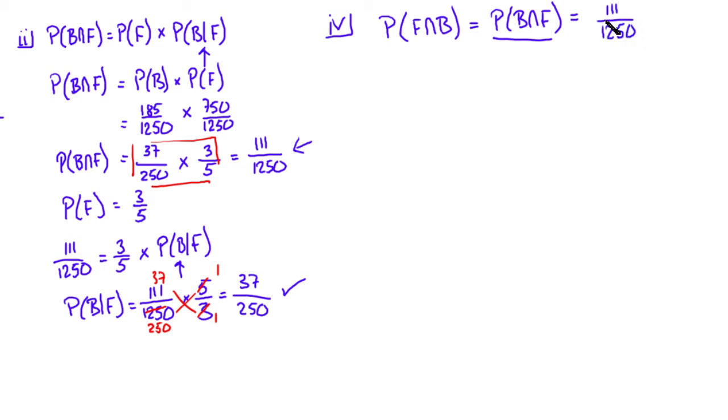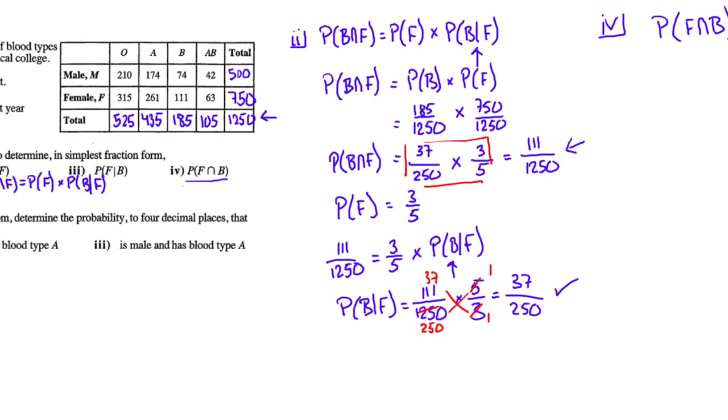That's the probability in simplest fractional form. Okay. So was that question 4? Yeah, that was question 4. That's it. Okay, so we did all those calculations in question 2, and then that simplified our life in question 4. Okay, so let's move on.